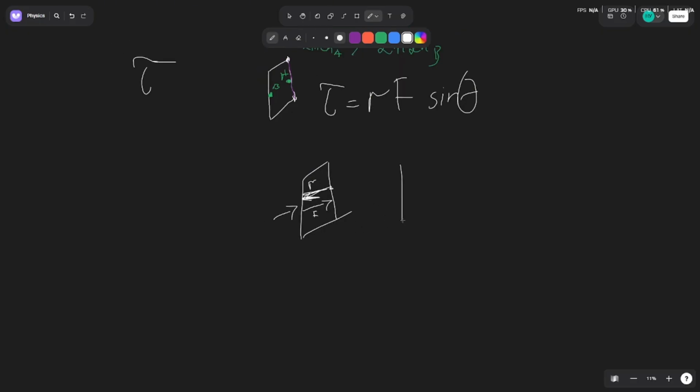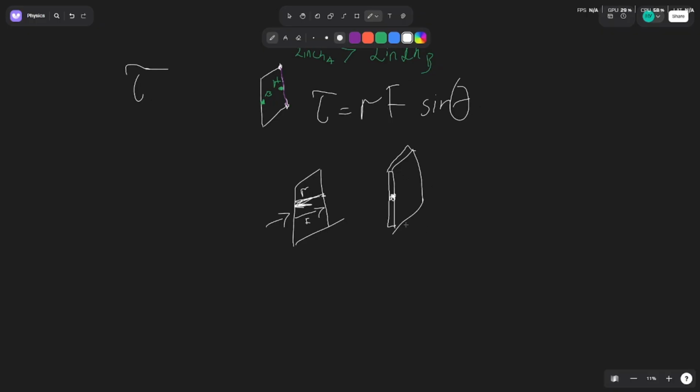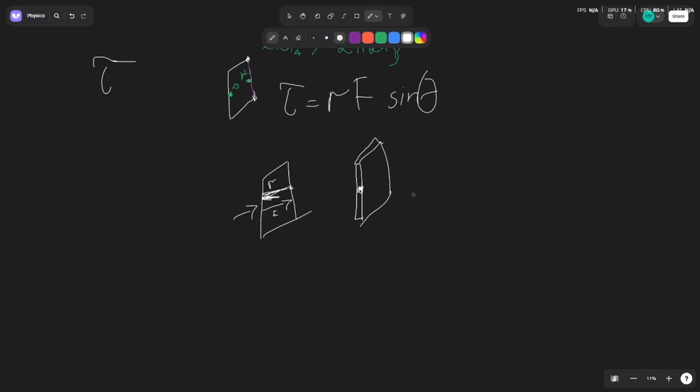So if you apply the force at this point right here, the sin will be 0 because your angle is 0, and then the torque will be 0 too.